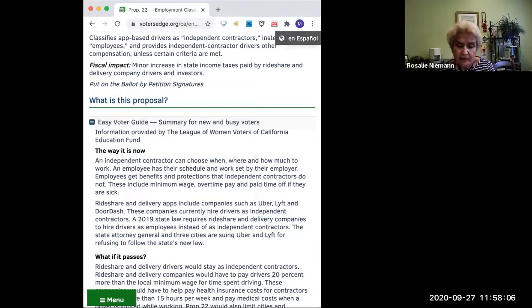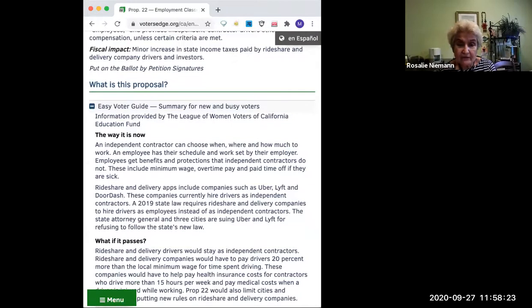The proposal, Prop 22, would reclassify app-based drivers as independent contractors, not employees, unless a company does these things: sets a driver's hours, requires drivers to accept certain rides or deliveries, or restricts working for other companies. Drivers would not receive employee benefits and protections, including minimum wage, overtime, unemployment insurance, and workers' compensation.